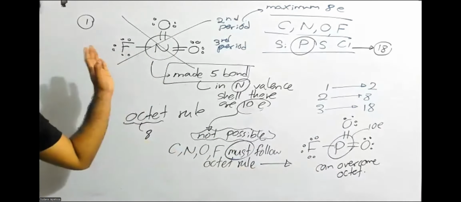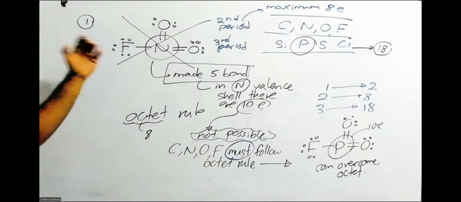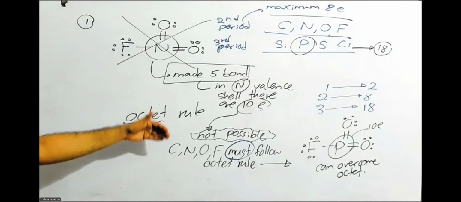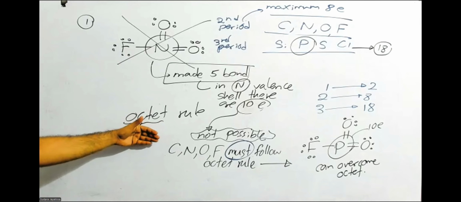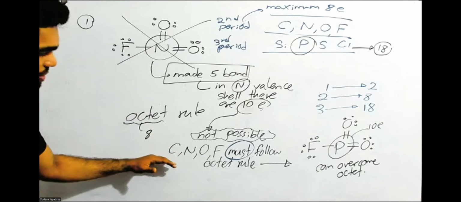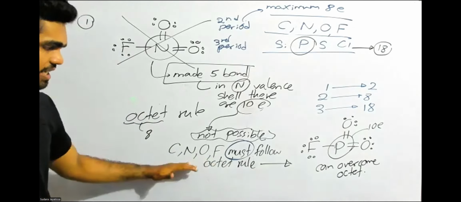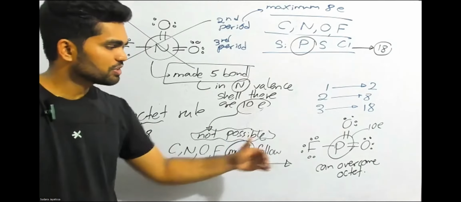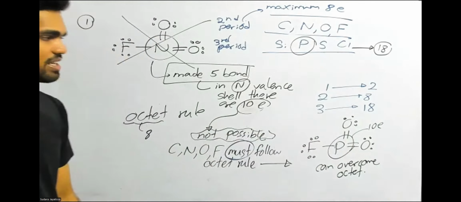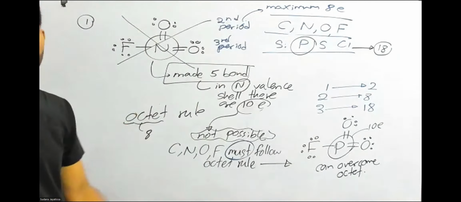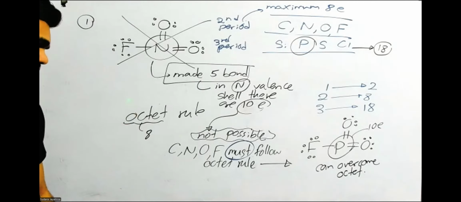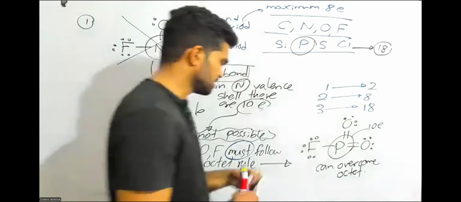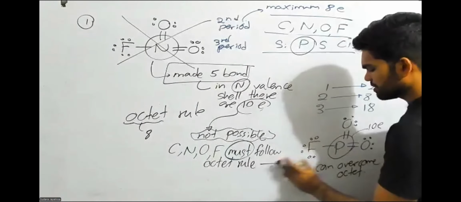So write a good review why this one is wrong and tell about the octet rule. Tell about the octet rule and tell this point also: CNO must follow octet. And then tell it is not applicable for phosphorus or others, so phosphorus can keep more than 8 electrons. Here you can write why it must follow the octet rule.